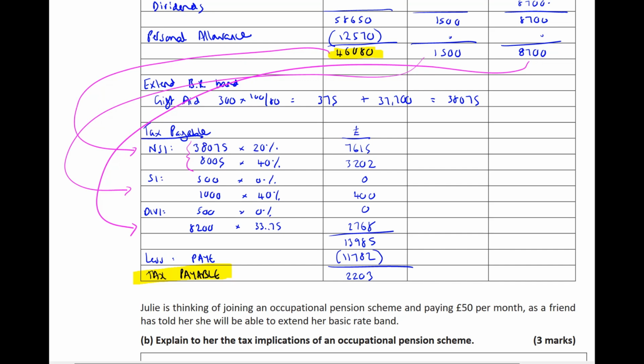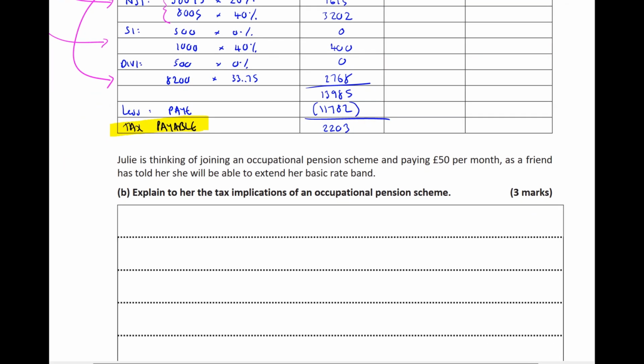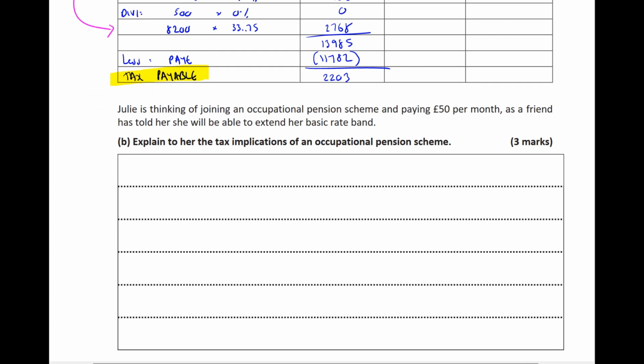We follow on by looking at another part here with Julie thinking of joining an occupational pension scheme and asking you about extending her basic rate band. So we need to explain the tax implications of an occupational pension scheme for 3 marks.